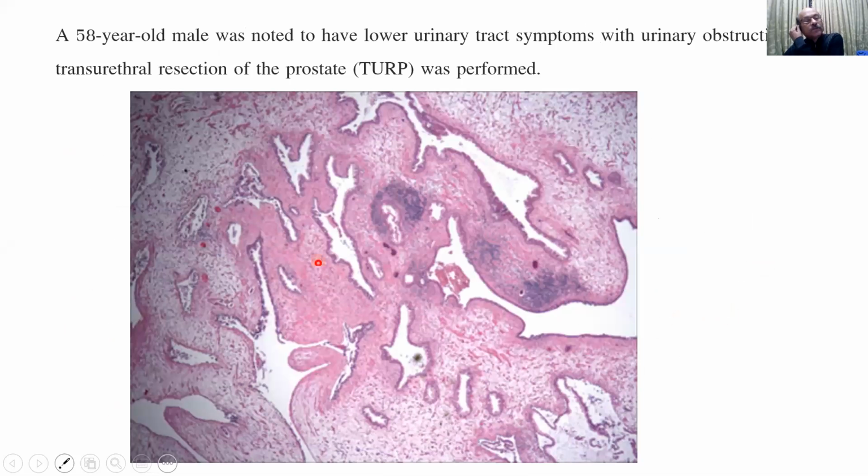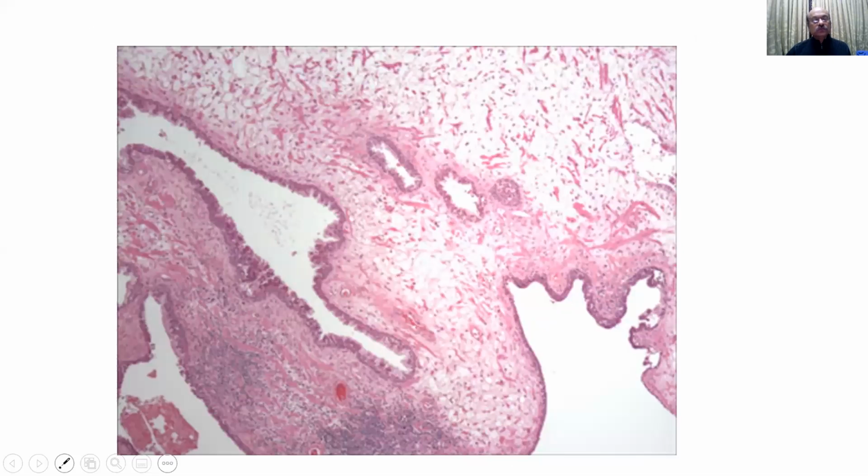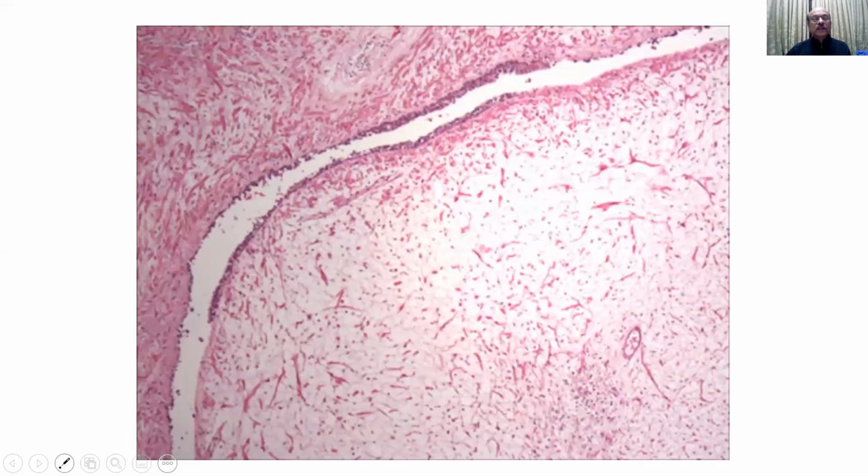So this is the next case, a 58-year-old male. It looks like something we know already. There is a similar lesion in breast. So these are glands and stromal overgrowth, and it creates slit-like cystic spaces.